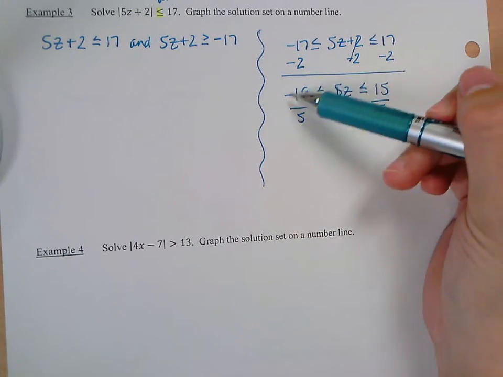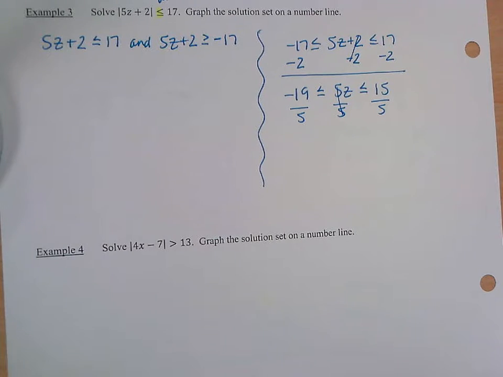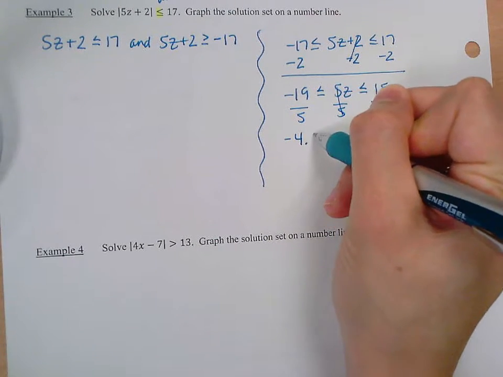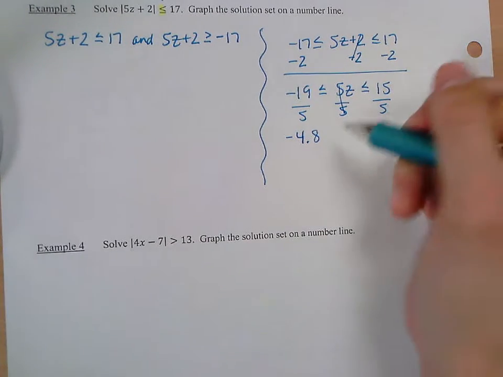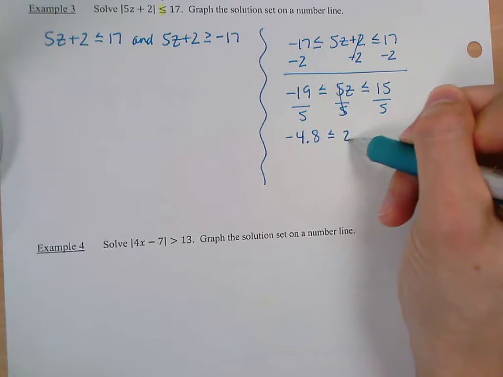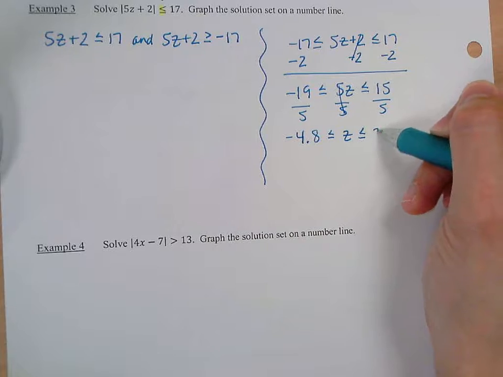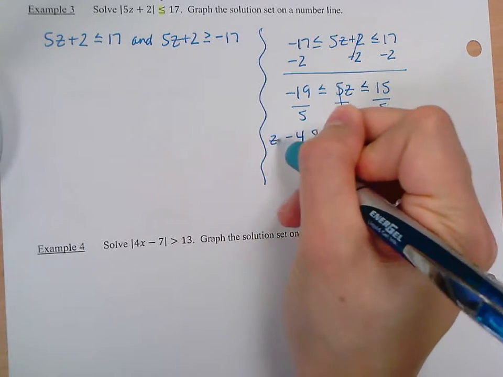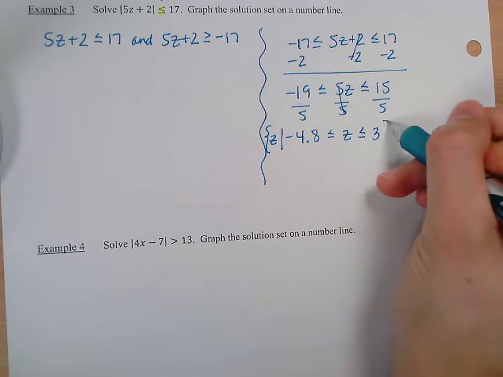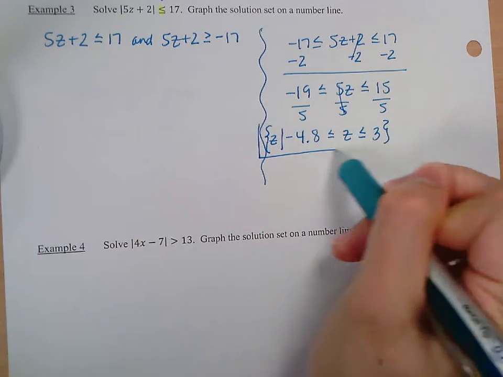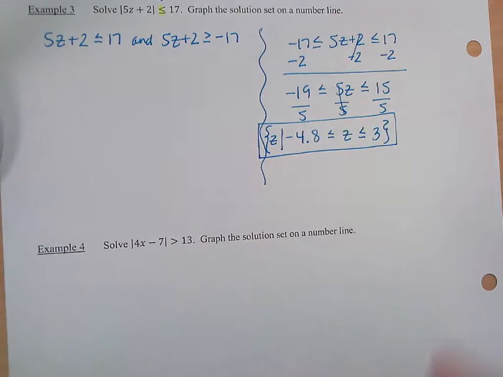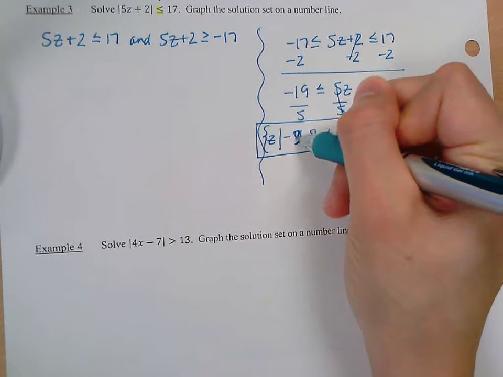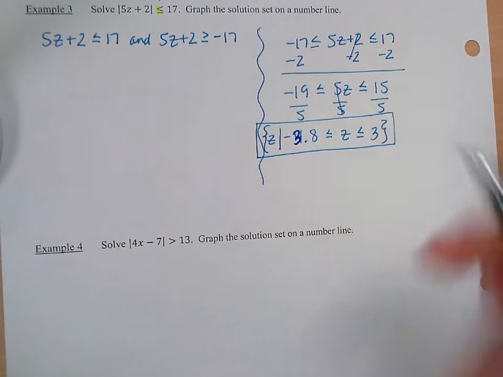So this you could leave as a fraction, negative 19/5. It is simplified, but that is negative 3.8 exactly, less than or equal to z, less than or equal to positive 3. And then I'm just adding my set builder notation around it. 3.8, thank you. You're right, because if it was 20, it would be 4.